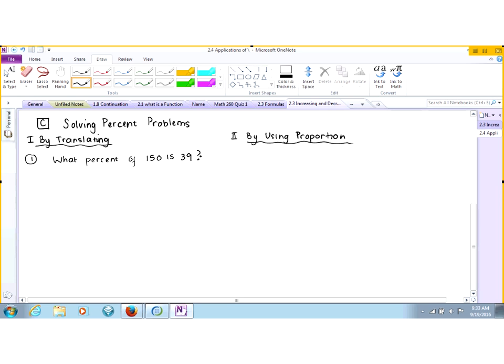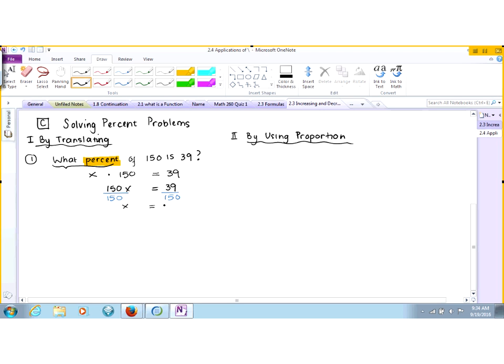So what percent of 150 is 39? How do you translate this? What percent, so this is X. What does of mean? Multiply. So 150X is 39. Then divide both sides by 150.